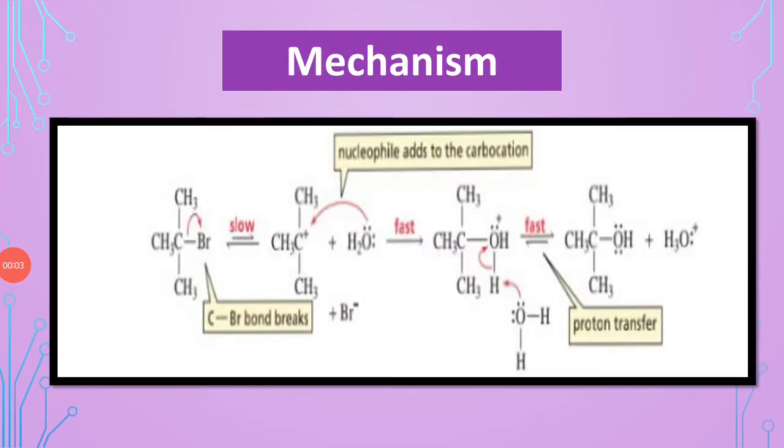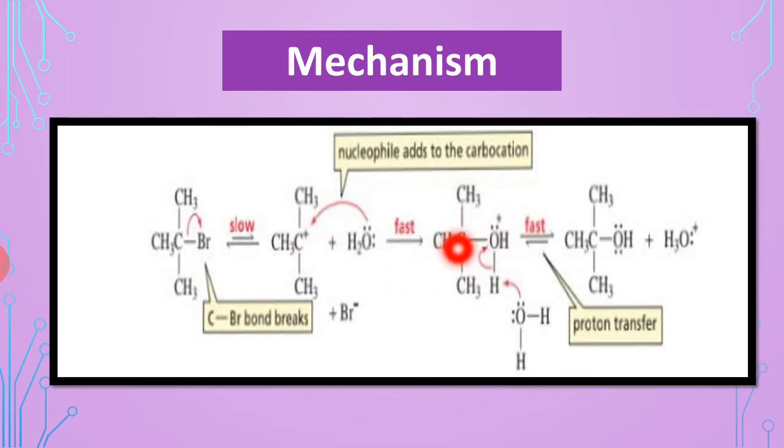In the first step, the carbon halogen bond breaks and the previously shared pair of electrons stays with the halogen atom. As a result there is a formation of the carbocation. In the second step, the nucleophile, here H2O, rapidly reacts with the carbocation to form the protonated alcohol.